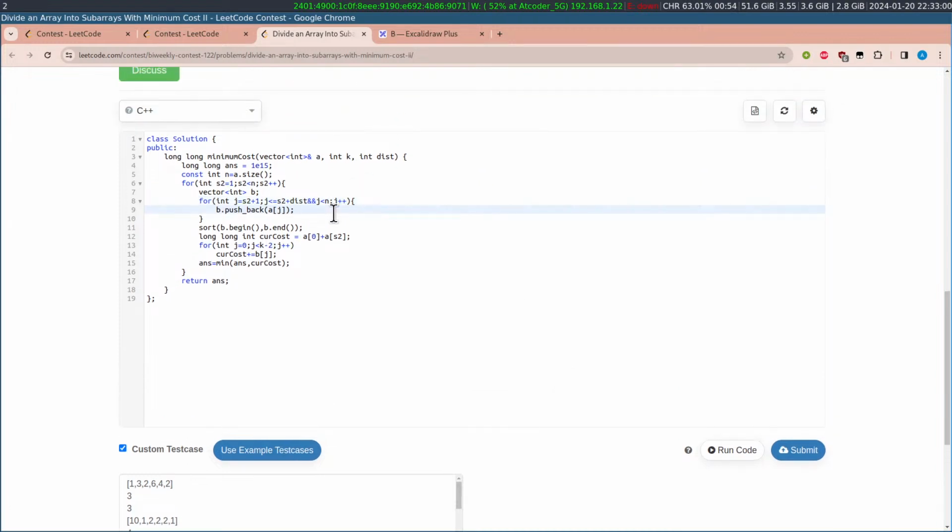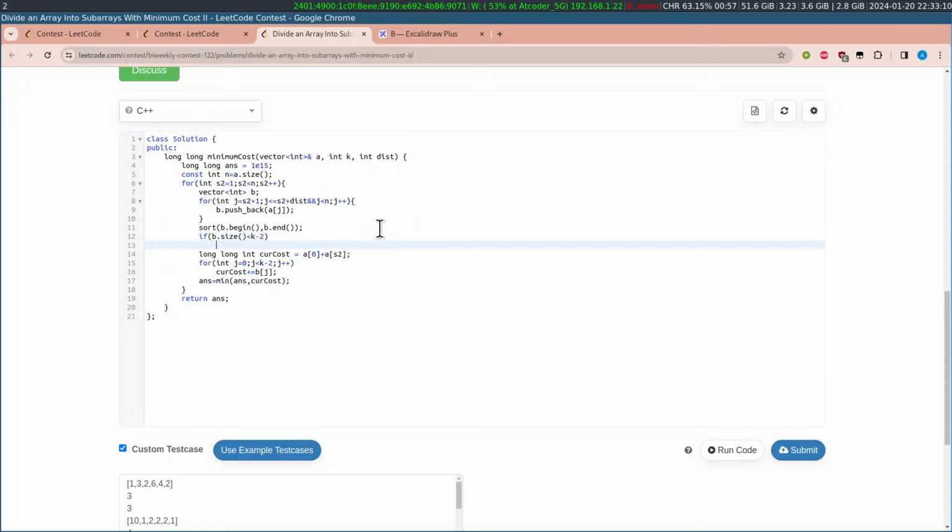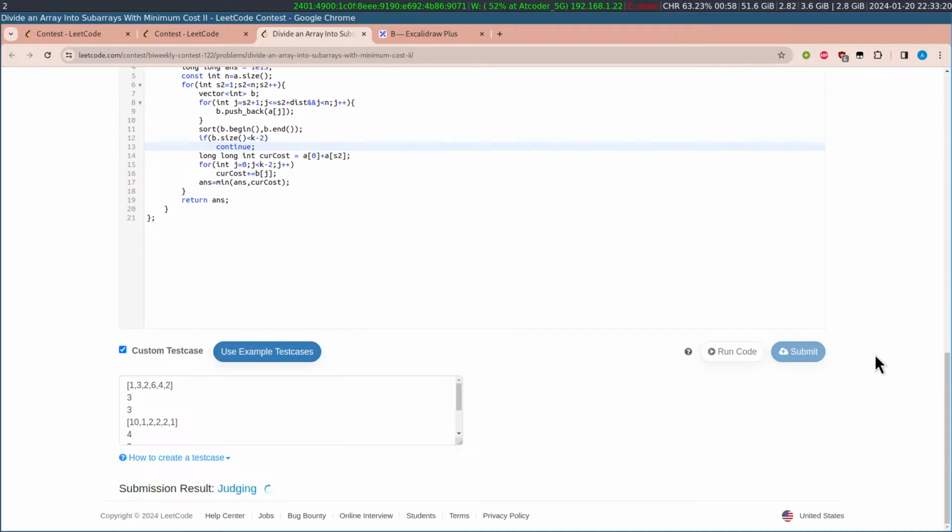One second, I am expecting a TLE over here. We should not choose if the elements are less than k minus 2. This will get a TLE.